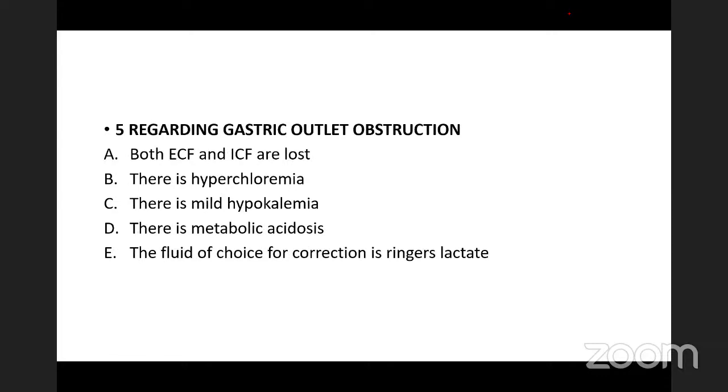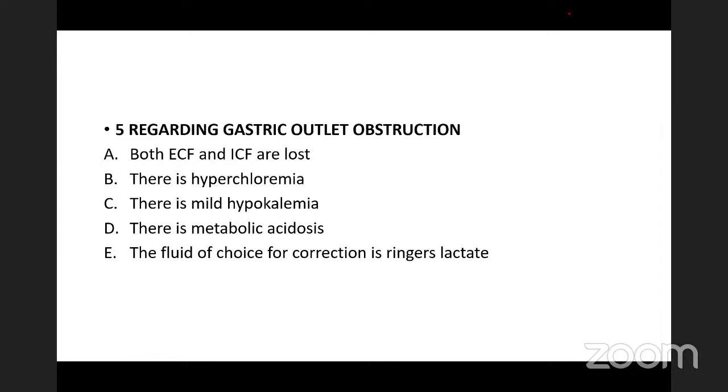The next question is regarding gastric outlet obstruction. A, both ECF and ICF are lost. B, there is hyperchloremia.